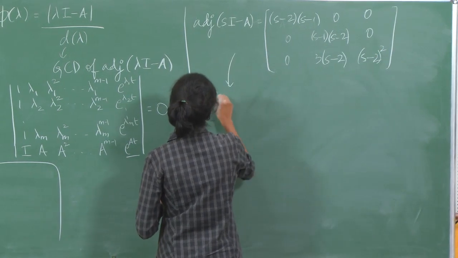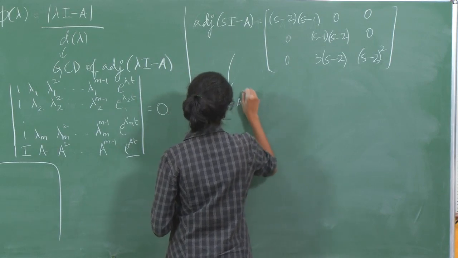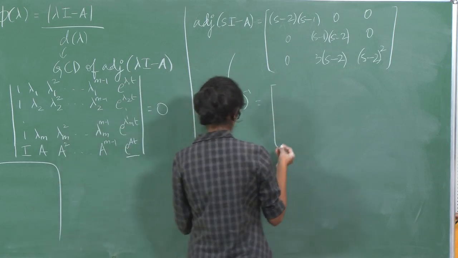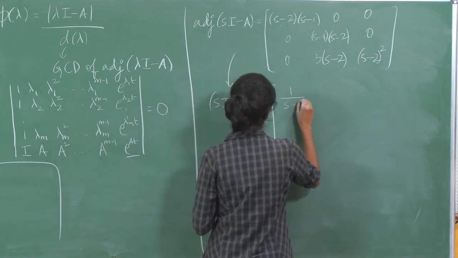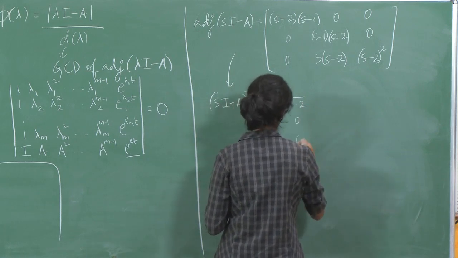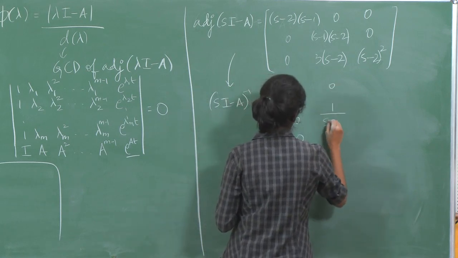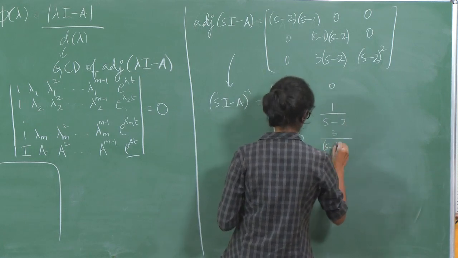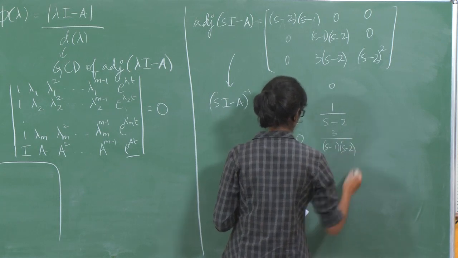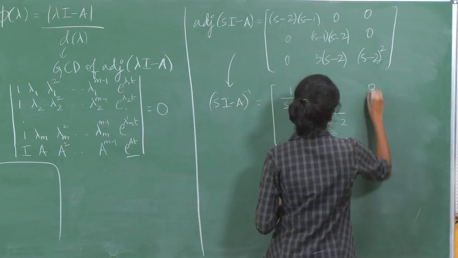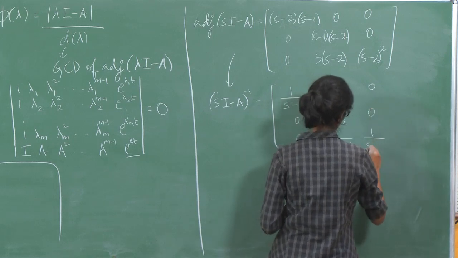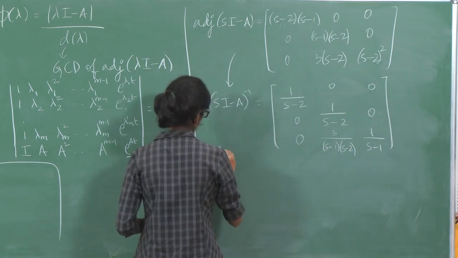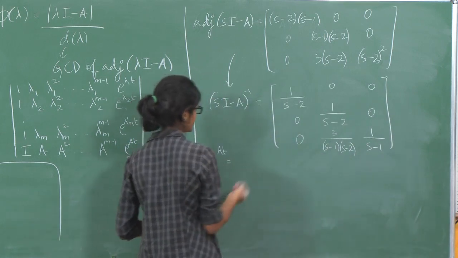And then you get (sI minus A) inverse, which is the adjoint by the determinant, and e power At is the inverse Laplace transform of this.